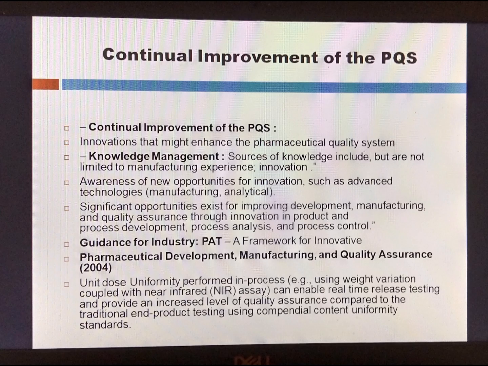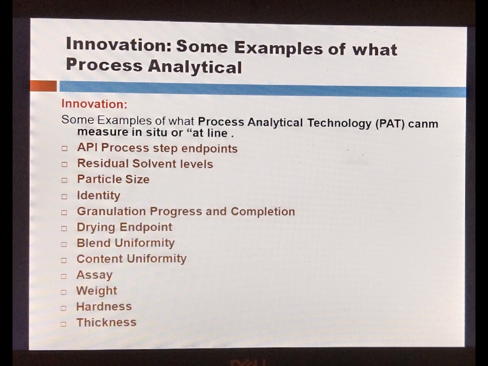Unit dose uniformity performed in process, for example using weight variation coupled with near infrared NIR assay, can enable real-time release testing and provide an increased level of quality assurance compared to traditional end product testing using the compendial content uniformity standard. Innovation: some examples of process analytical innovation.